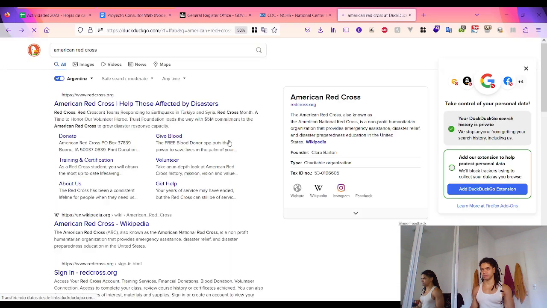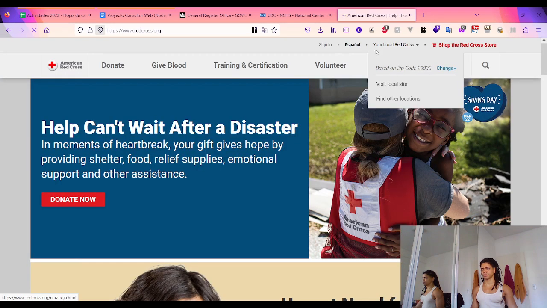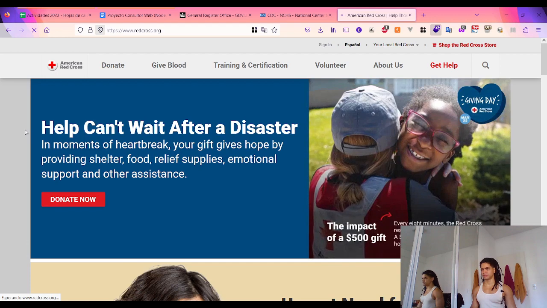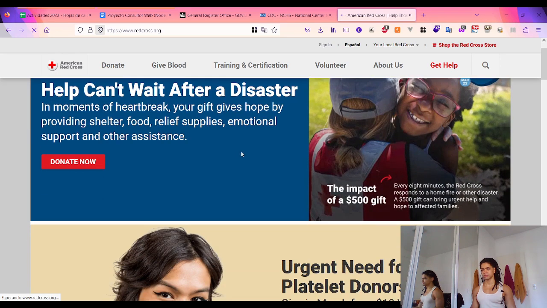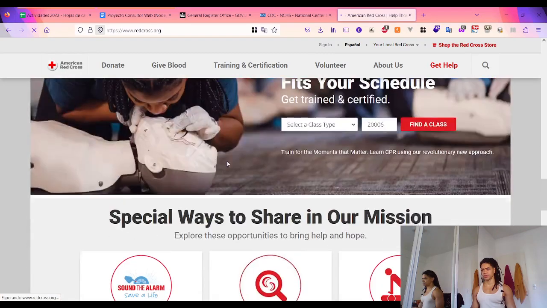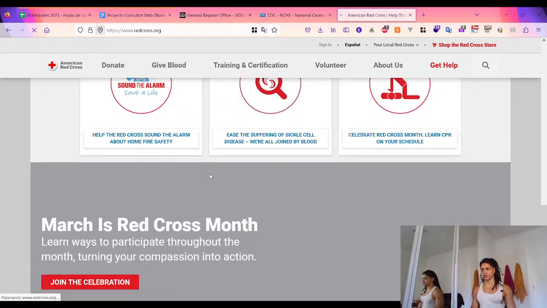The American Red Cross. Interesting. Yeah, it's pretty straightforward. The only thing that we care about is that they give us the donation.